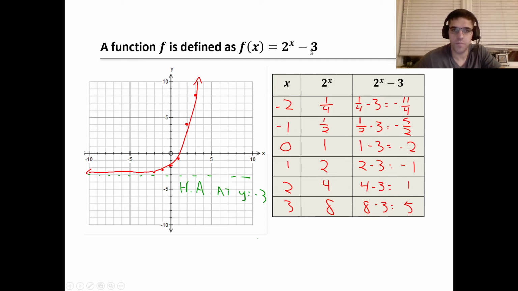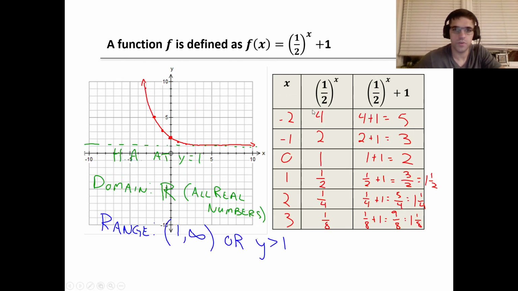Notice we have a horizontal asymptote at y equals -3, which is consistent with the fact that our function has a -3 attached to it. When we slap a -3 or a plus number at the end, that will affect the vertical translation. And so in this case, a vertical translation for an exponential function means we're going to move where the horizontal asymptote is.